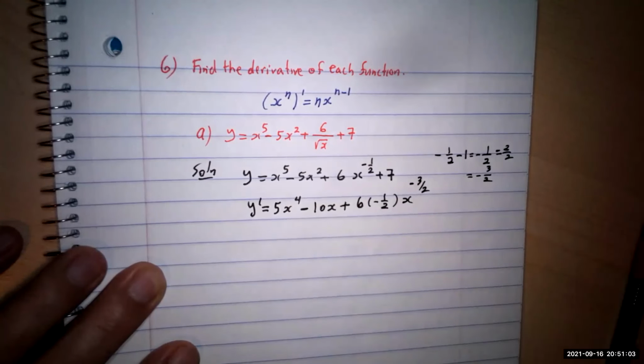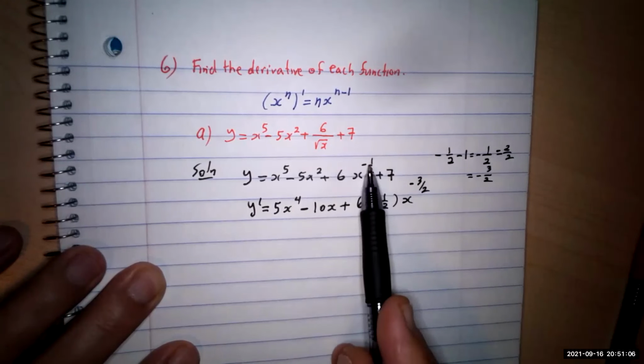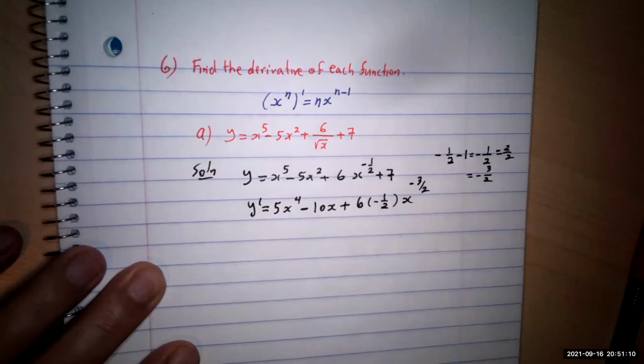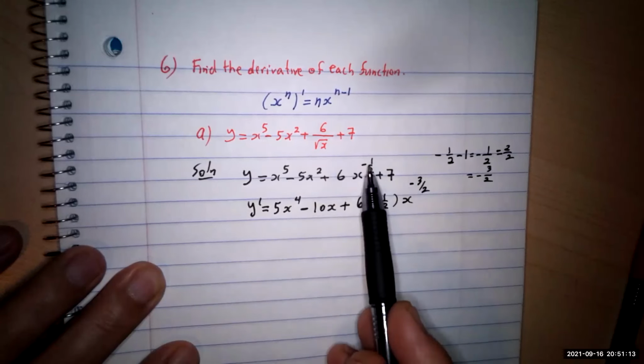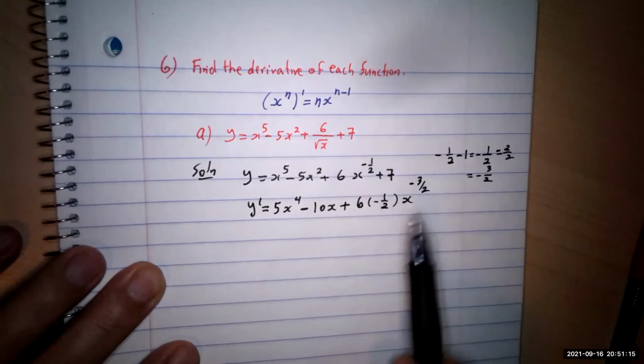A quick way to do it: think of the negative sign as the sign of the top one. So negative 1 minus 2 would be negative 3, negative 3/2.